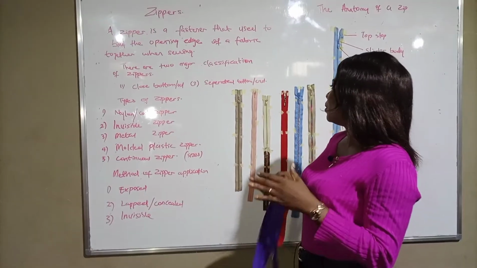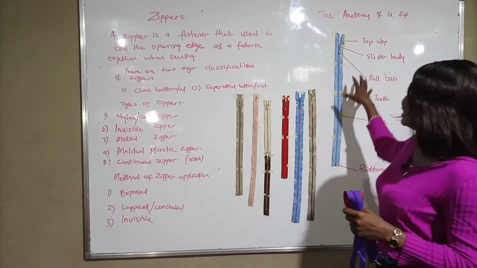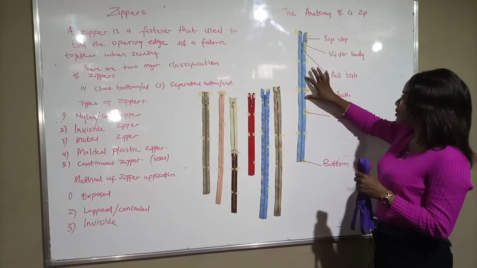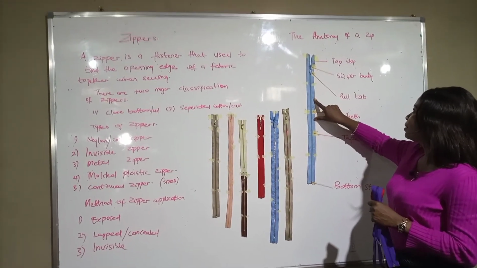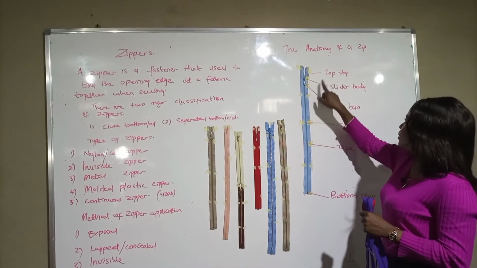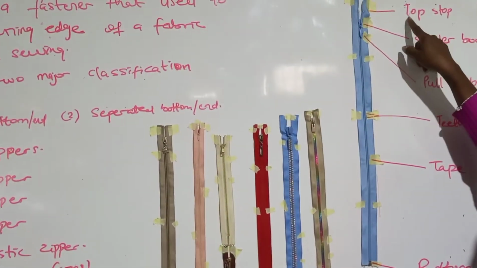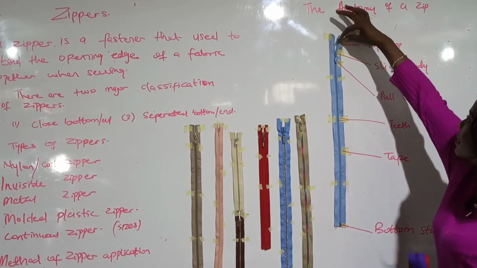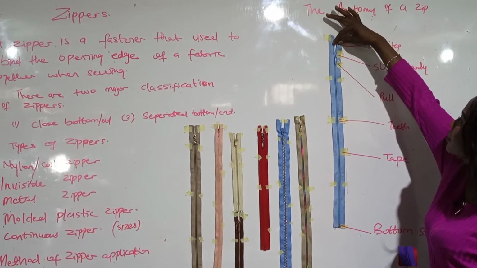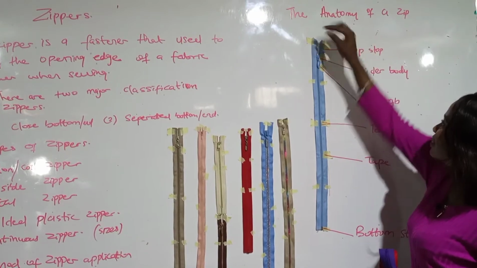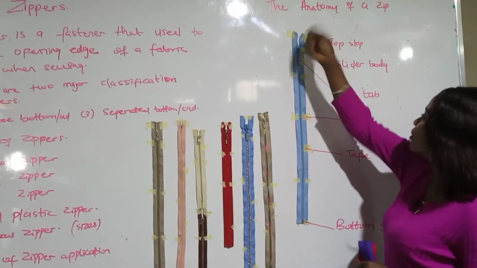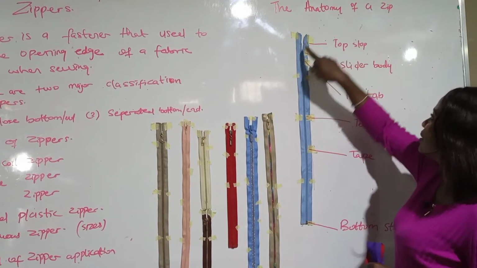Before we go on, I want us to see the anatomy of a zipper. This is a typical example of a zip. The top stop, at the very upper part of the zip, there are two metals that help to stop the zipper edge from running out, like by the time you are slipping it.